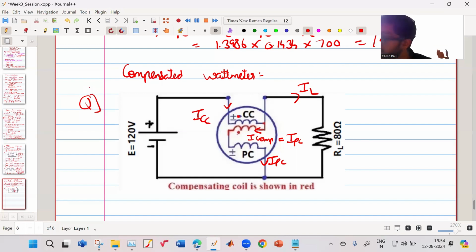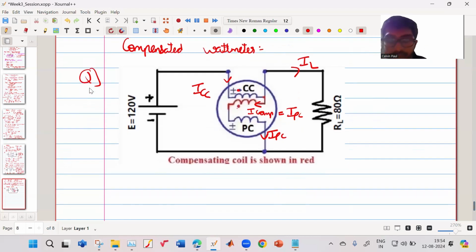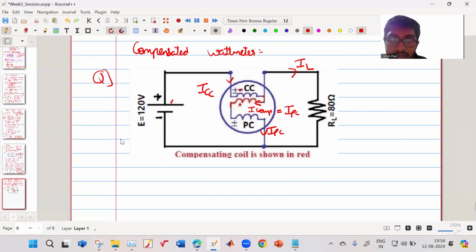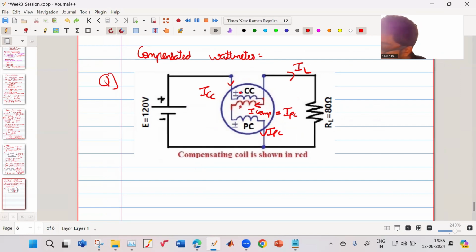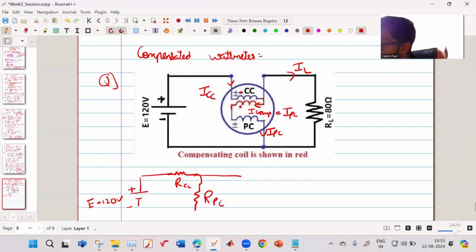So if you draw, it will be, sorry, this is your E 120 volt, the resistance of your current coil. They have told that you consider the compensating coil and the pressure coil as one equivalent resistance. That is my RPC, and this is my load.